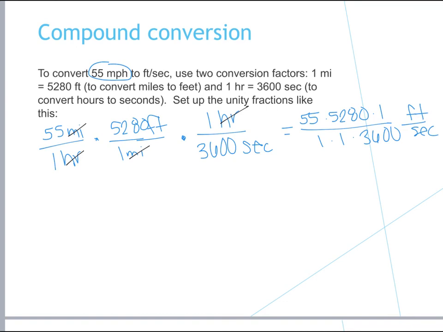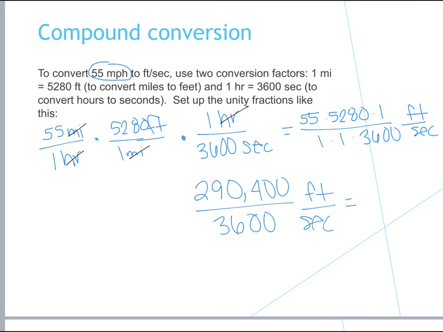Now you can do your multiplication. So 55 times 5,280 gives you 290,400 over 3,600, and then you need to finish with division here. And that gives you 80.67.